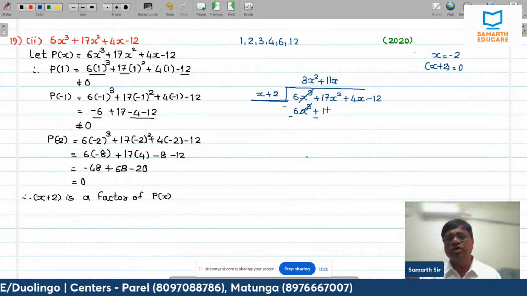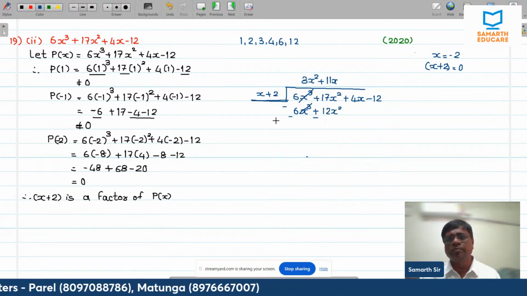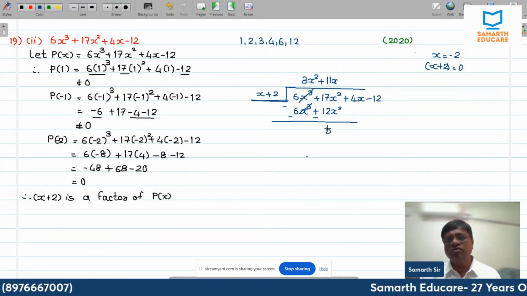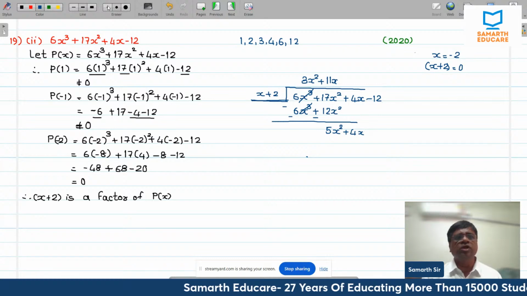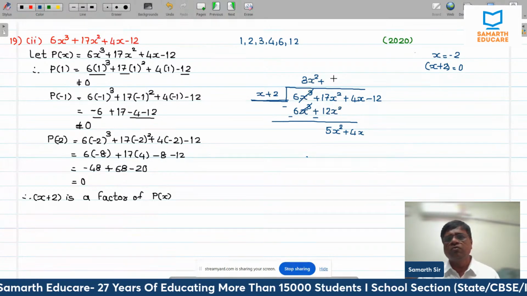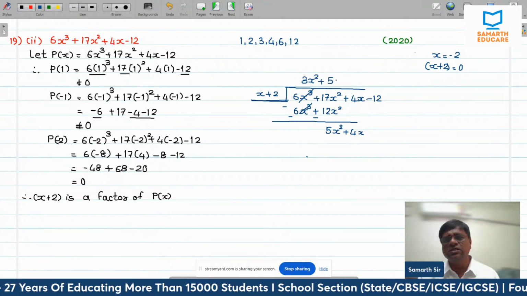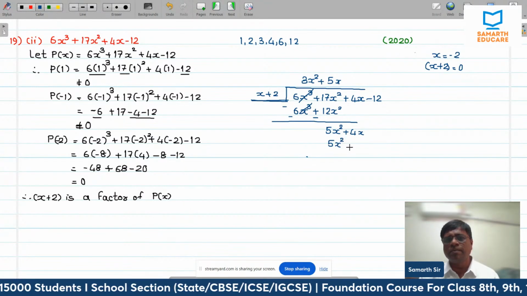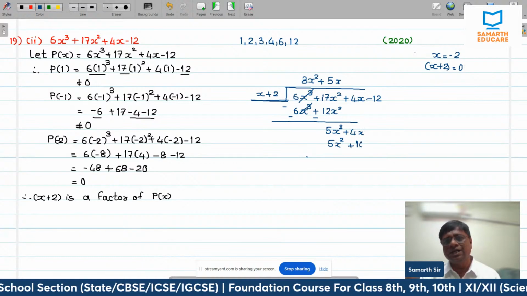So this has to be 12x². So this becomes 5x² plus 4x. And then I will have to multiply by 5x. Okay, so this is 5x² plus 10x.